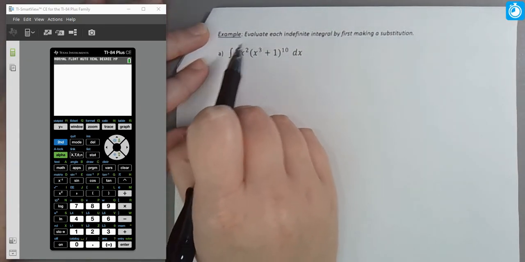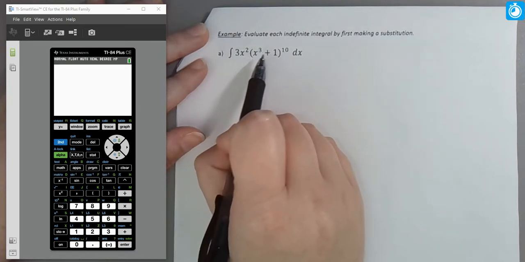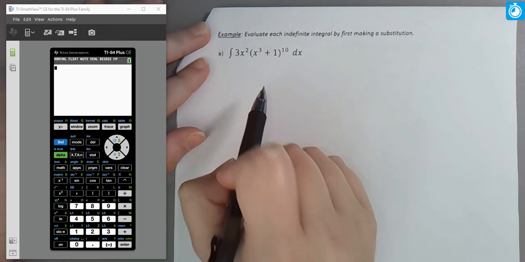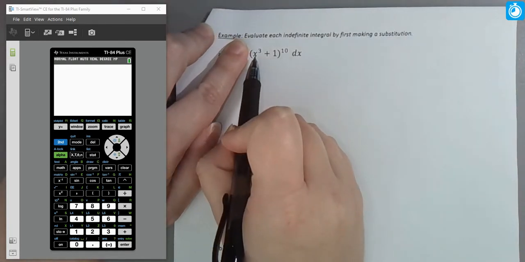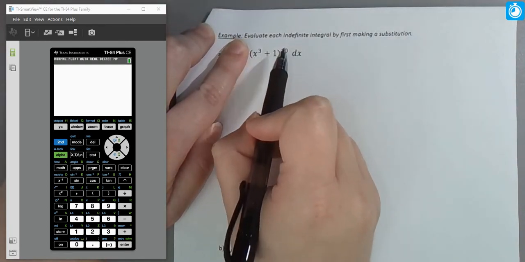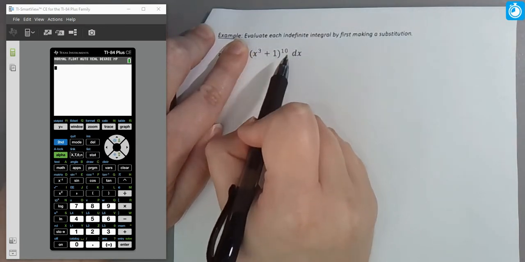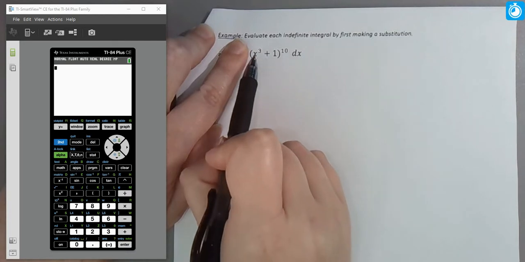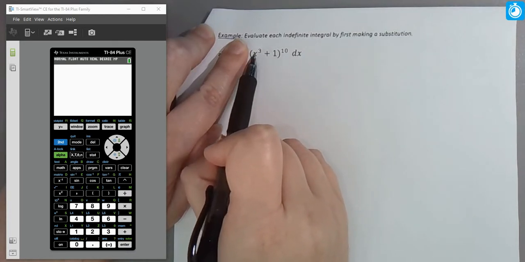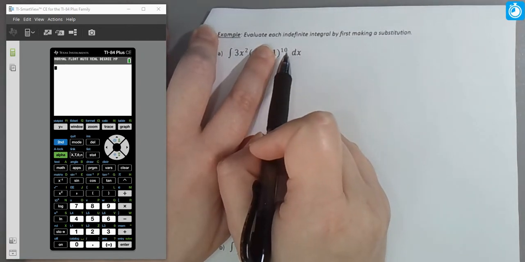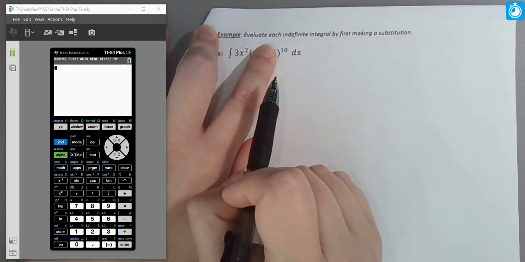I see 3x squared maybe as one function, and then x cubed plus 1 to the 10th power could be another function. But specifically when I look at x cubed plus 1 to the 10th power, I see a composite function. I see one function inside of another. So we could think of x cubed plus 1 as an inner function, and then taking that and raising it to the 10th power represents the outer function.